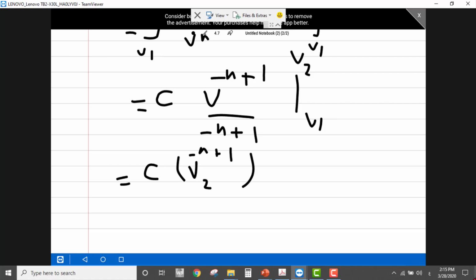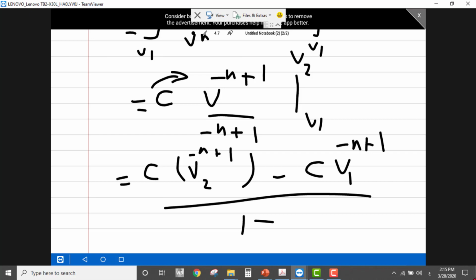Okay, this is multiplied by C, minus C, so this C can go and you multiply it by two terms. So this is V1 to the power minus n plus 1 over 1 minus n.